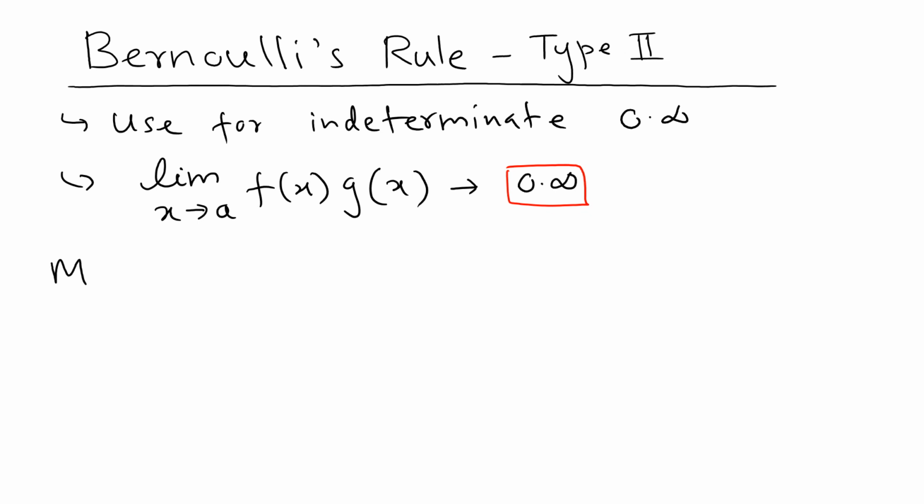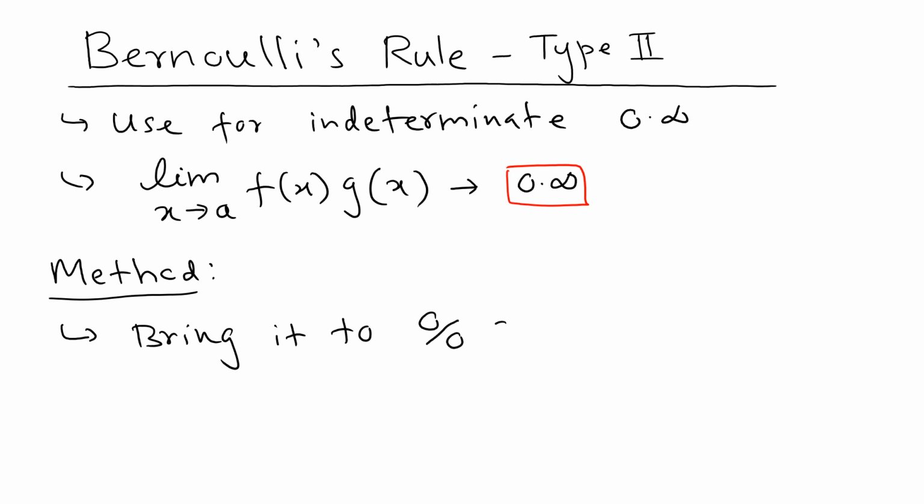So what we're going to do, the first step, is bring it to either 0 over 0 form or infinity over infinity form by dividing.